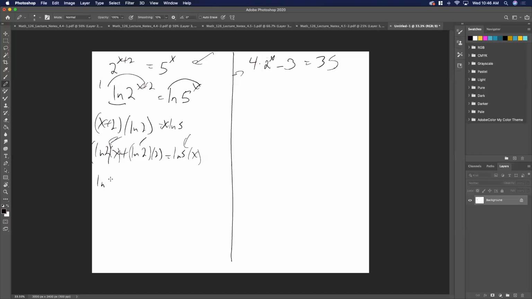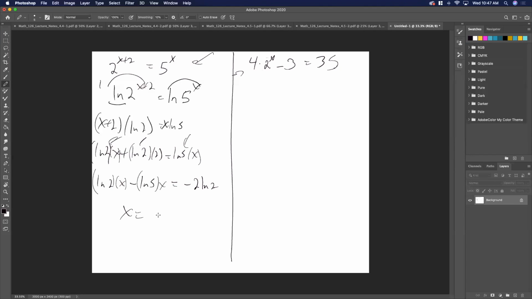So we're going to move stuff over. So I'll have ln of 2 times x minus ln of 5 times x equals, I guess I could have moved it all one direction. It doesn't matter. Then I might as well just do it. Minus 2 ln of 2.